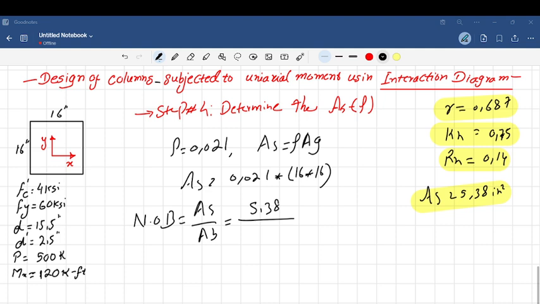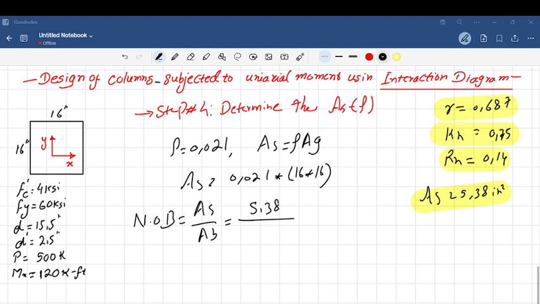So 5.38 divided by 0.785, we are getting an odd number. So we are going to assume number 7 bar: 7 divided by 8 multiplied by 0.875 multiplied by 3.14, so 5.38 divided by 0.6. Again we are getting an odd number.